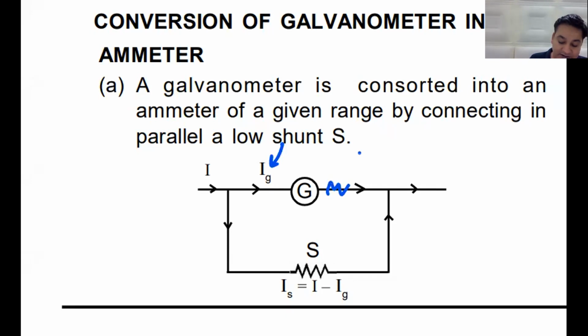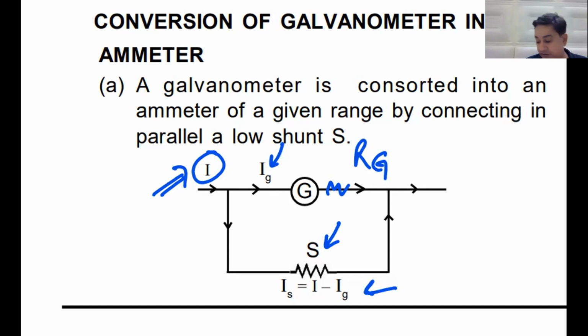Here, this galvanometer has a resistance which is known as Rg. This is known as S or R shunt. Total current which you have to measure is I. Whatever current goes in the galvanometer is known as Ig. Whatever remains goes here. That will be I minus Ig. Please note it down. Conversion.